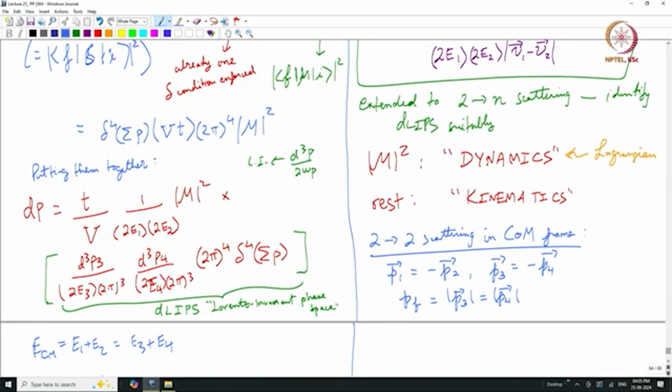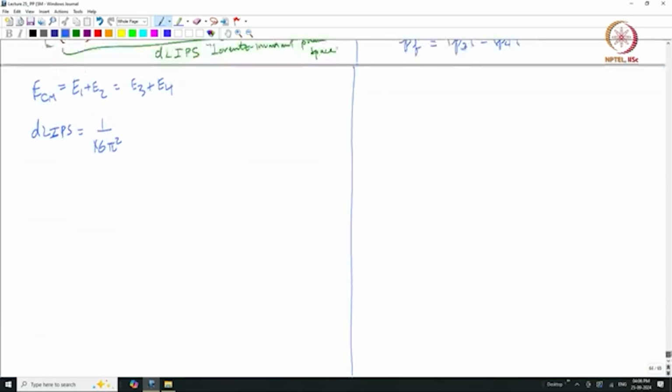So let's count this a bit. So I have basically 2 cube, that gives me 8, and then pi power 6 in the denominator. But sorry, 2 cube gives me 64. Now in the numerator I have 16 pi squared, right. So all that put together will give me 1 over 16 pi squared, correct. So that much I have.